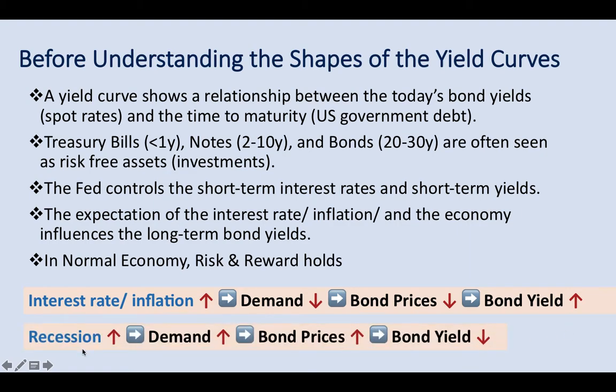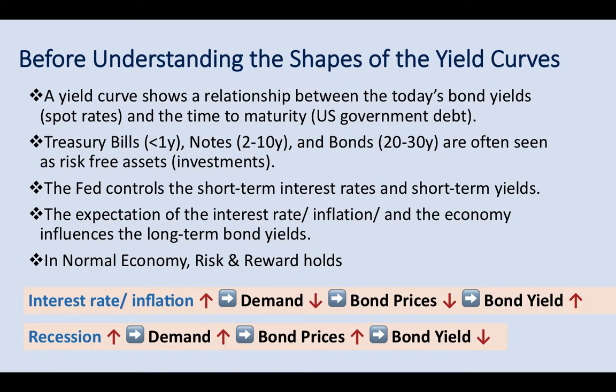Now if you expect a recession, people will shelter their money in long-term bonds. So the demand for long-term bonds will increase. If the demand increases, the bond price will increase, and the bond price increase will decrease the bond yield.